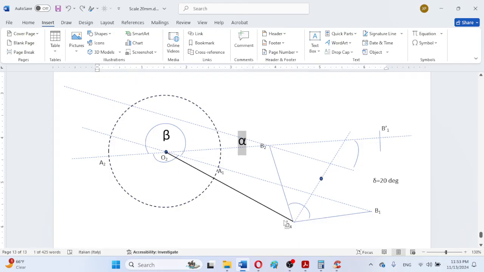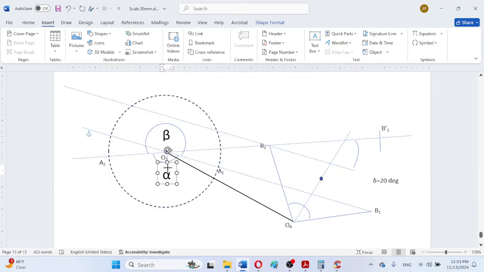Just copy this label or some other label and move it here. So this is angle alpha. In this way the final diagram has been shown.